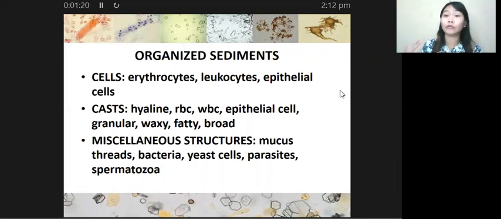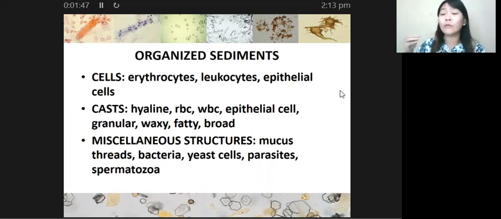So this would include, of course, your cells, your casts, and other miscellaneous structures such as your mucus threads, your bacteria, your yeast cells, your parasites, and your spermatozoa. Okay? So lahat po yan ay classified under your organized sediments. So sabi natin, dalawa yung classification.